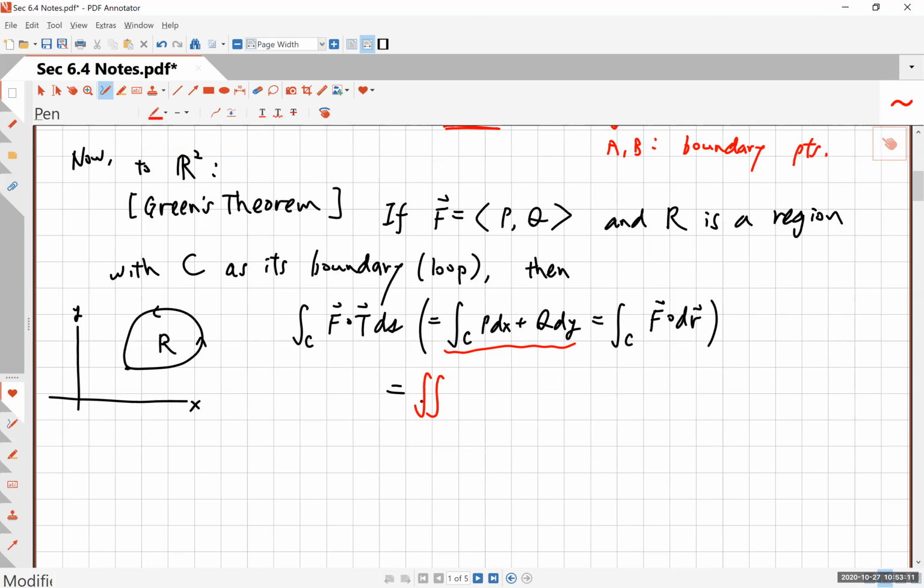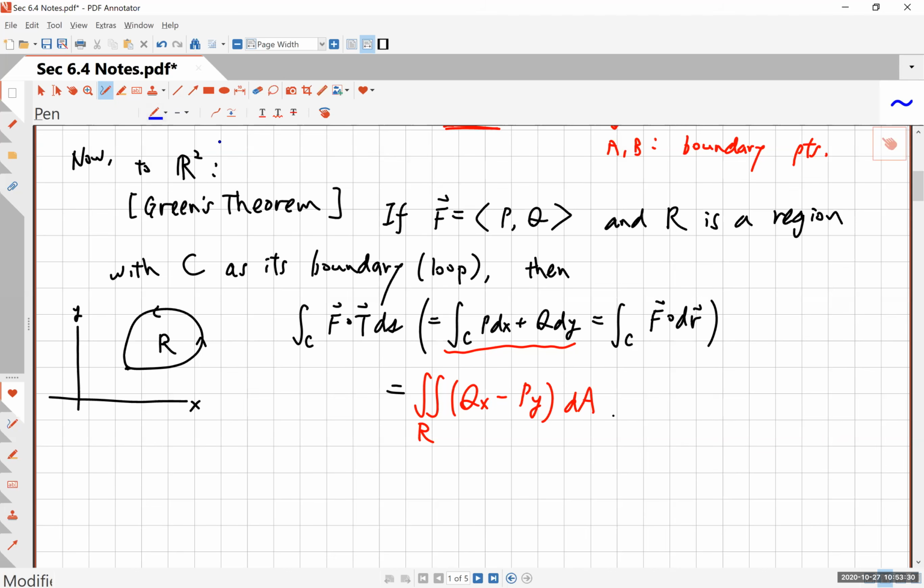The double integral over the region of Q_x minus P_y, yes, these are partial derivatives, and then dA. Now, this is something brand new. You have never seen Q_x minus P_y, and so this needs some explanation.